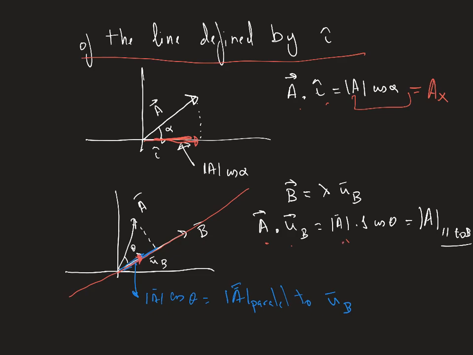It's the magnitude of A by the magnitude of u sub B. u sub B is a unitary vector in the direction of B, so its magnitude is 1. So it will be A by cosine of theta. Which theta? The angle that A forms with the direction of B. And what is the magnitude of A by cosine of theta? It is the projection of A onto the direction of B.